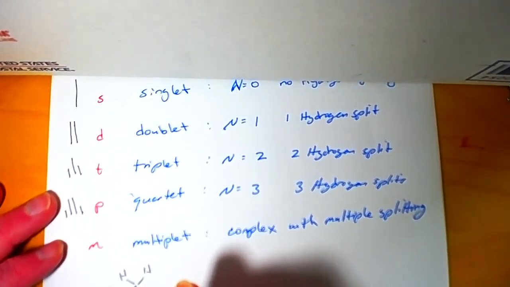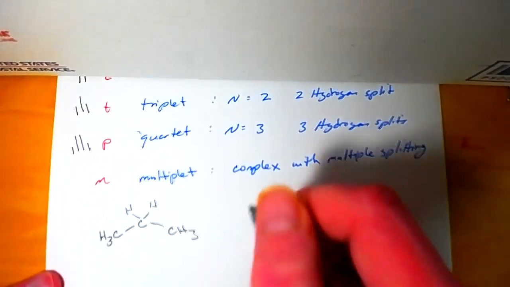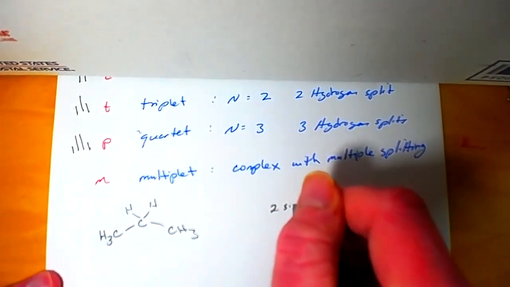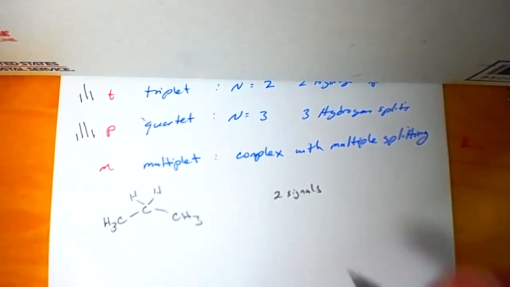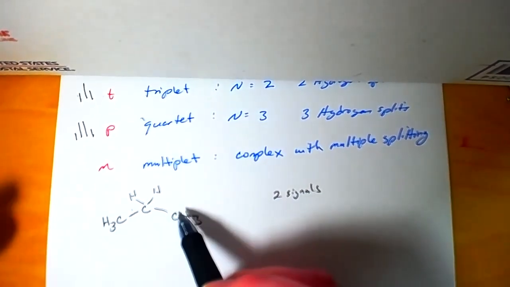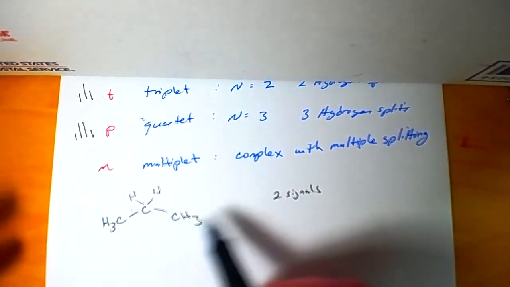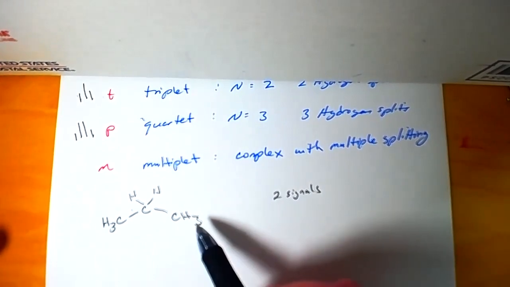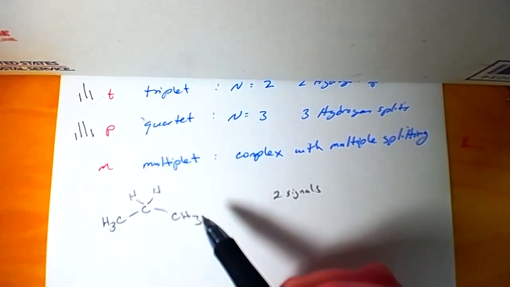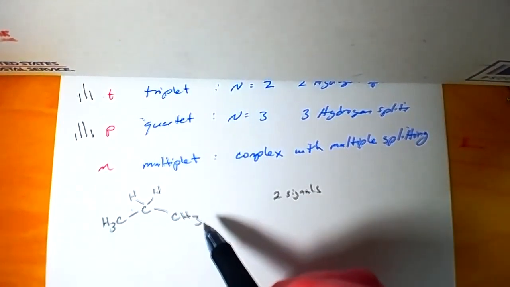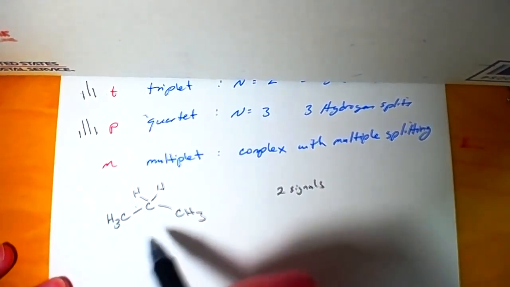This was propane. For propane, we predicted that we would see 2 signals. Both of those signals are going to be upfield from 4, probably closer to 0, between 1 and 0, because there are no electronegative elements here and no pi bonds. But what is it going to look like?